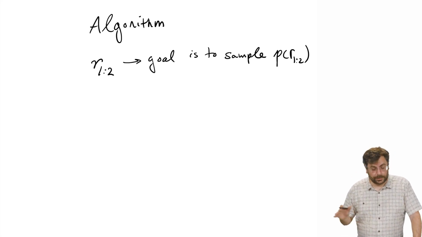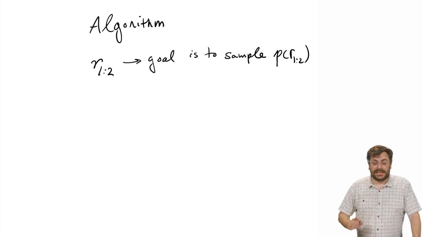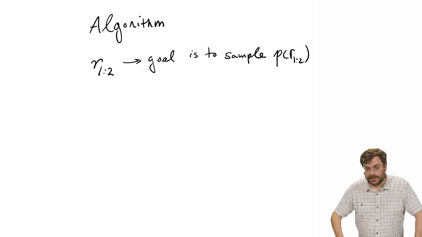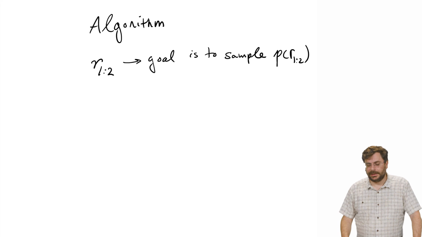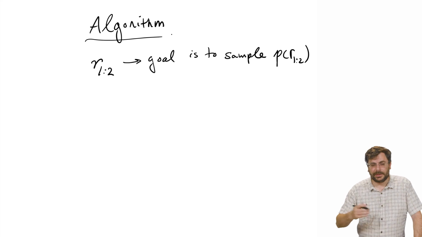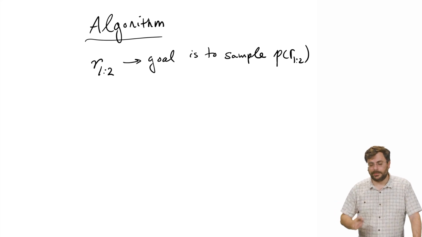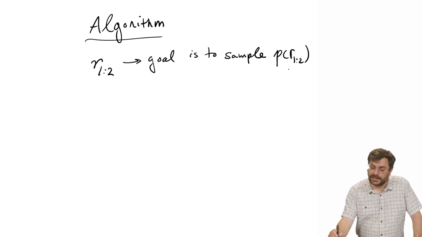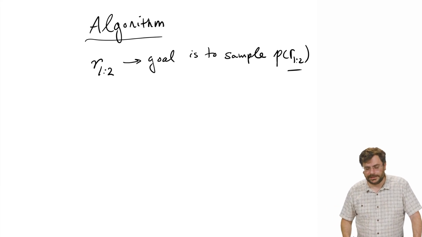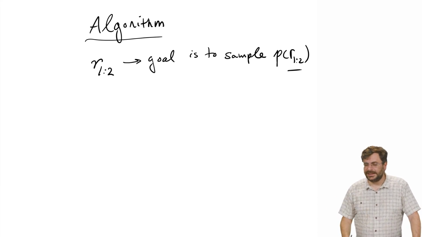Now, of course, I can do Metropolis Hastings, and I can have a two-dimensional proposal distribution. And of course, the higher dimensional the proposal distribution, the harder it becomes to have the proposal accepted, because it becomes difficult to propose things which are reasonable for all dimensions. Now imagine if we have R from 1 to 10,000 or R from 1 to 100,000. It just becomes increasingly difficult to propose reasonable things that then get accepted.